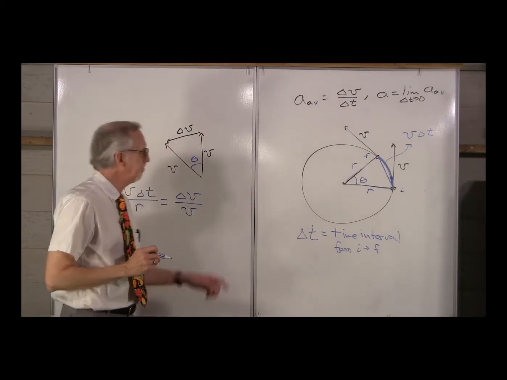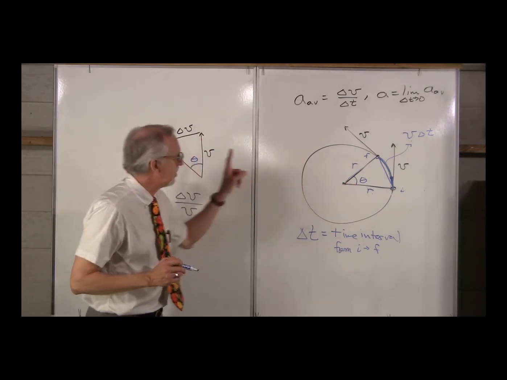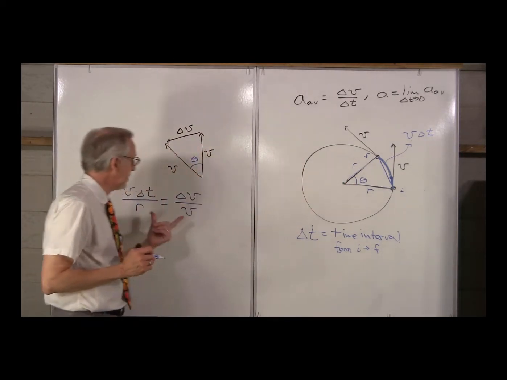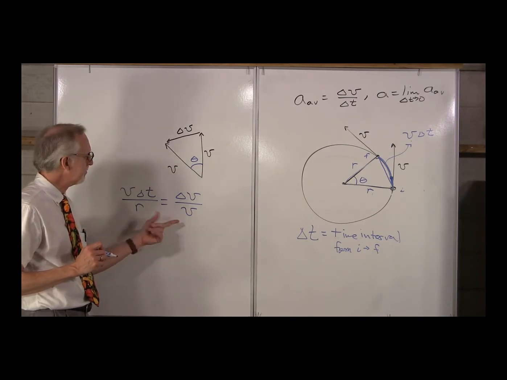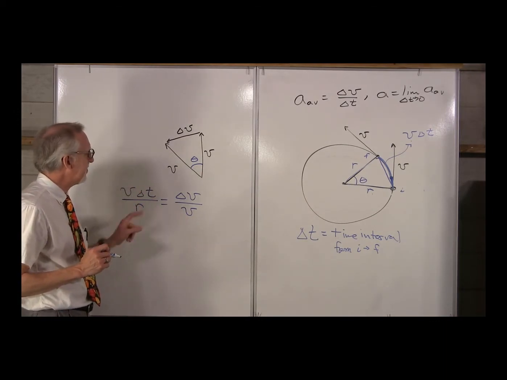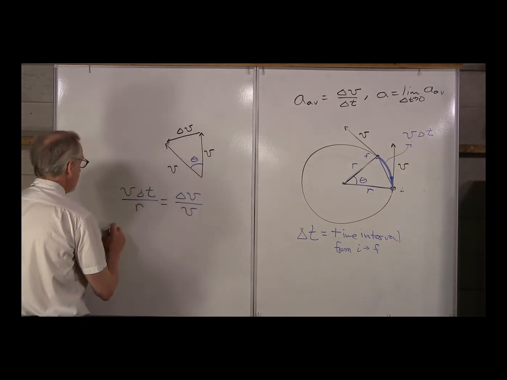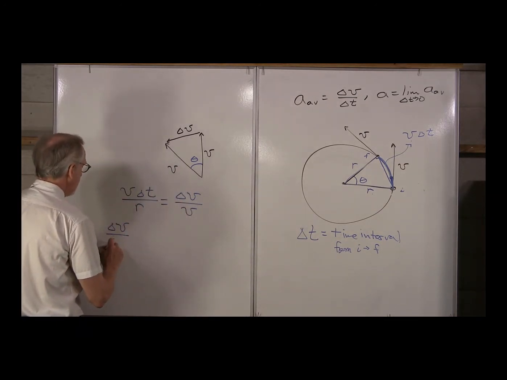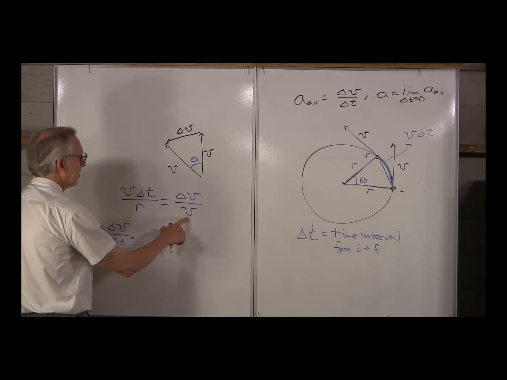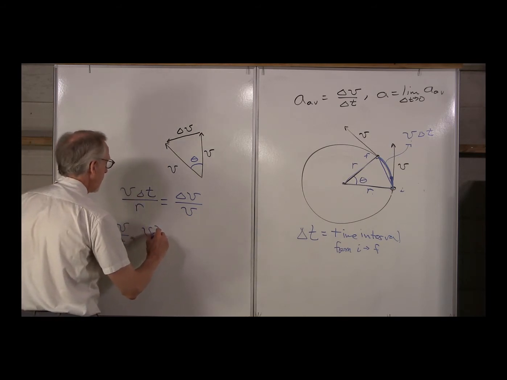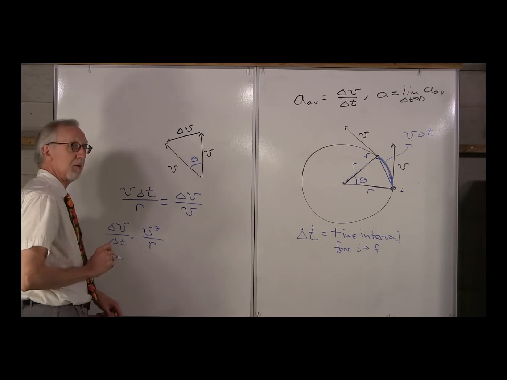Very, very good. We've got these proportions between these 2 triangles that we know have to be equal. Let's multiply both sides by v and divide by delta t. We've got delta v divided by delta t. Delta v over delta t is equal to, multiplying by v, v squared over r.